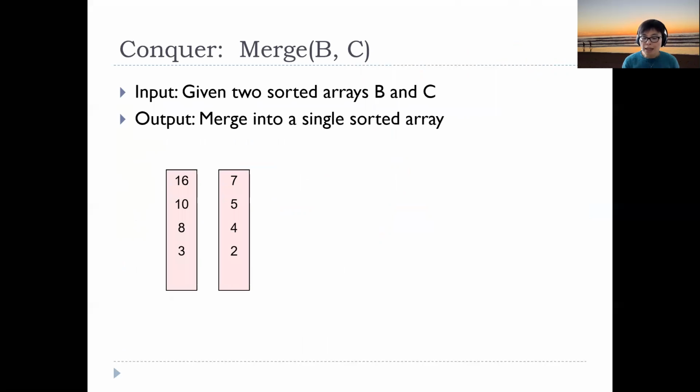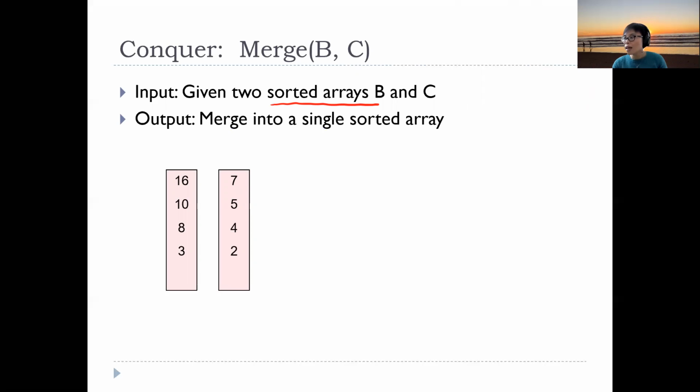Namely, we are already given sorted subarrays B and C. Like in this example, each of the columns is one of these subarrays. Each of them is already sorted, and I want to merge them together into a single sorted array. So how do we do that?